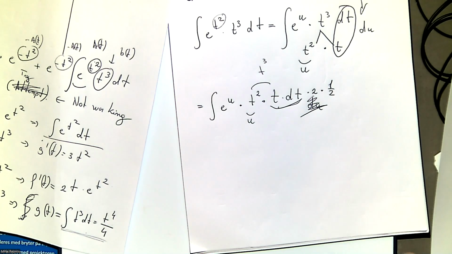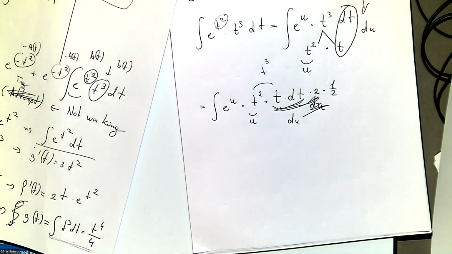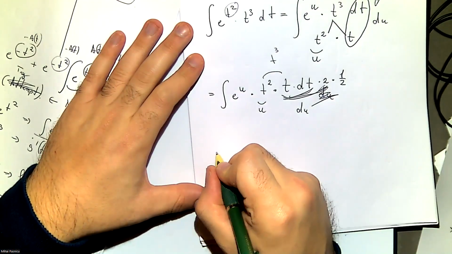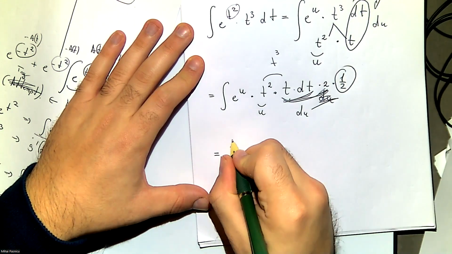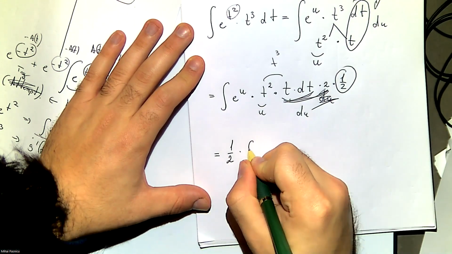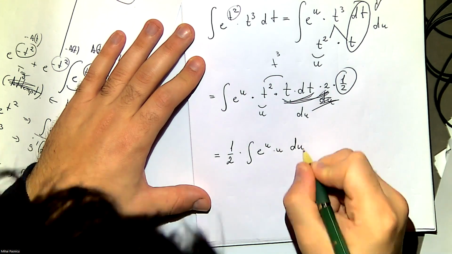So you create your du like this. Sorry, I missed it too. So you have this du over here. And now your equation basically just becomes a half, which I forgot, a half times integral of e to the u times u du.